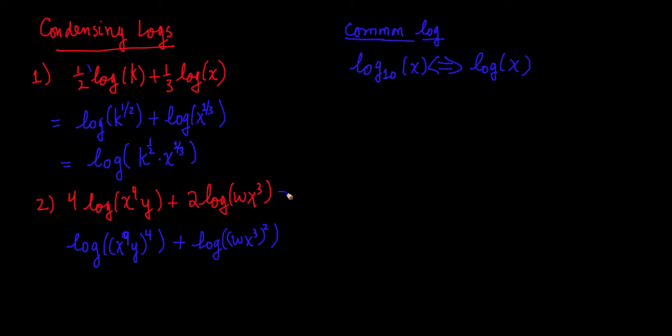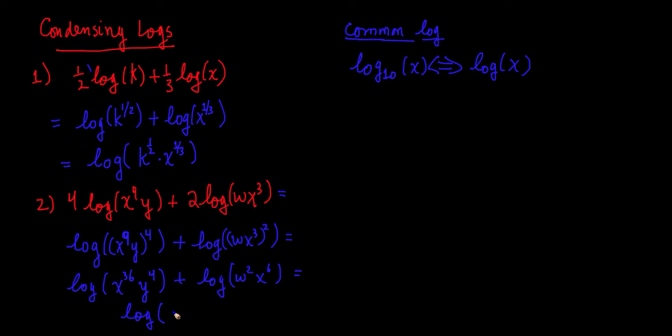So this is equal to log of 4 times 9 here is x to the 36th power. So again, I'm using rules of exponents, y to the 4th plus log of w squared x to the 6th. Okay. And now we can apply the product rule of logarithms and merge everything together.